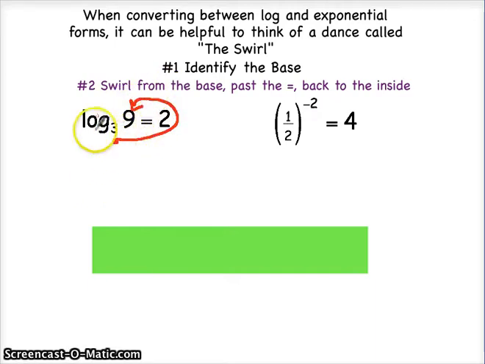And basically, if I'm going to switch this logarithm to an exponential, I'm going to start with base 3. What I curl over to on the other side of the equal sign will become my exponent. And what I end up pointing at inside the logarithm is what the exponential would have been equal to. And we realize that 3 to the 2nd power equals 9.